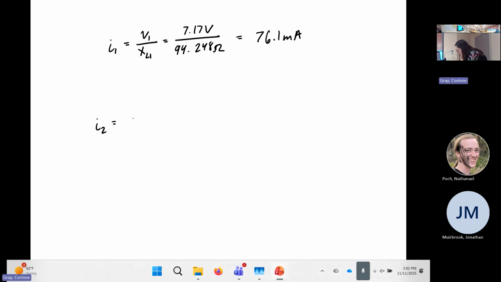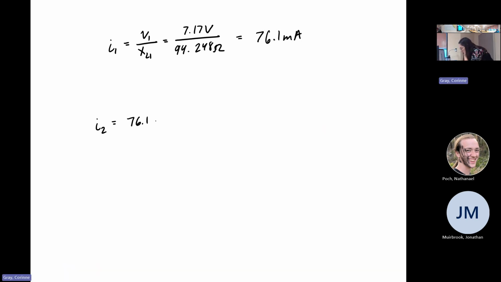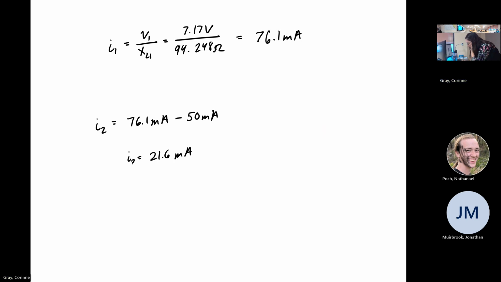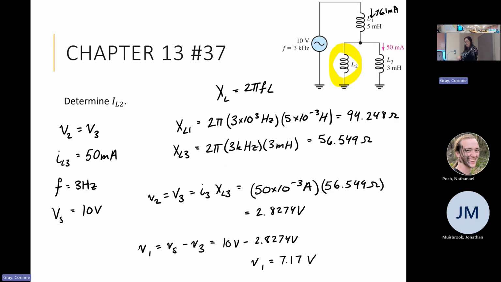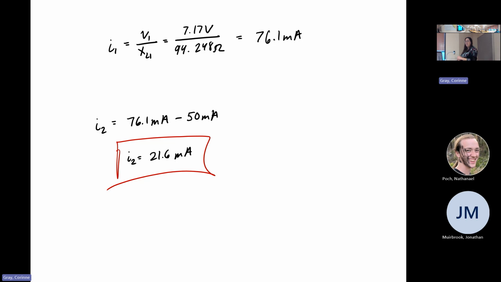So we get I2 is equal to 76.1 milliamps minus the 50 milliamps, or 21.6 milliamps. Any questions about this?